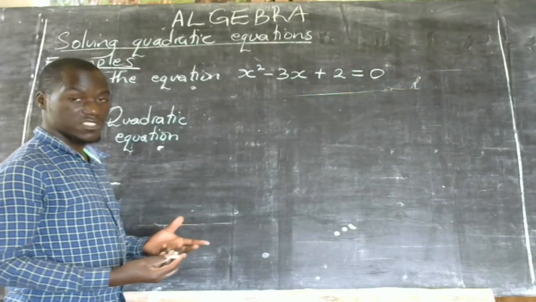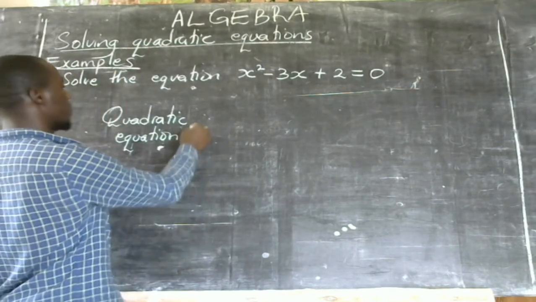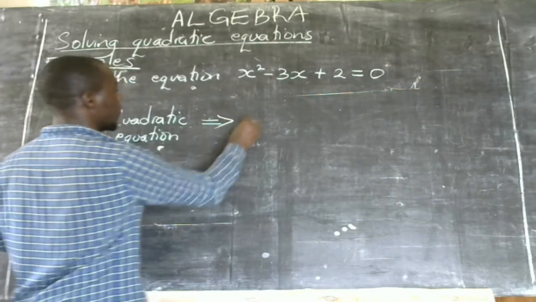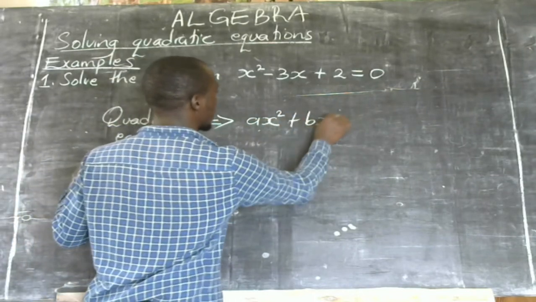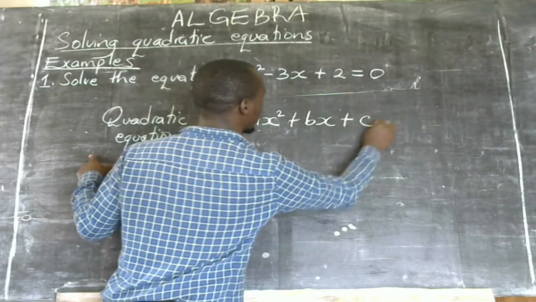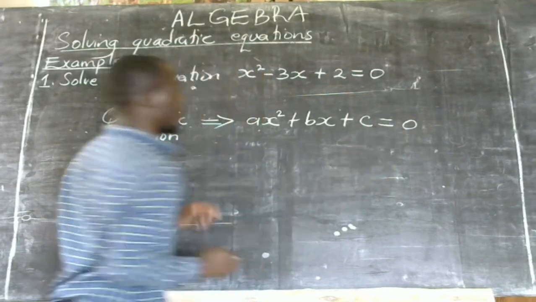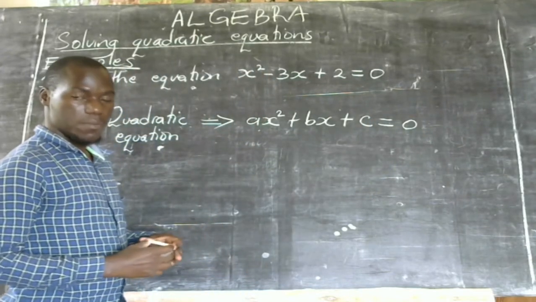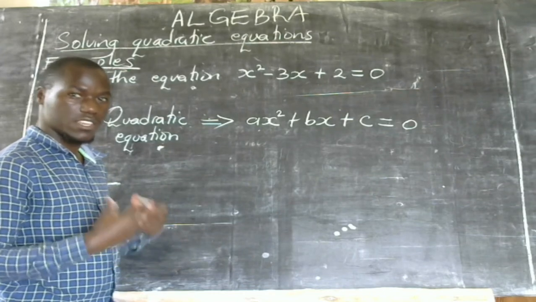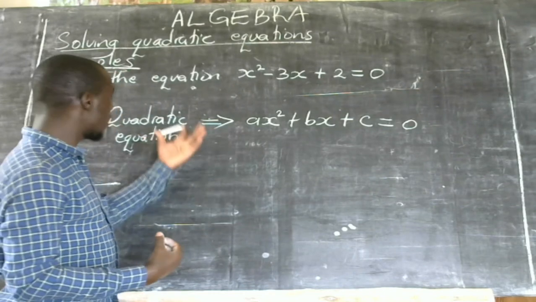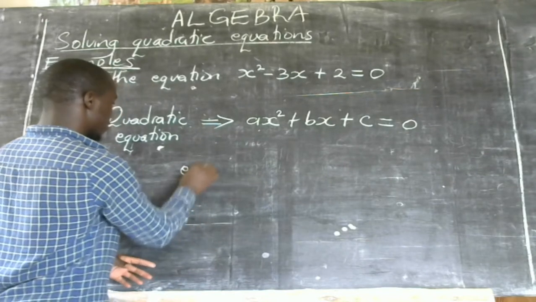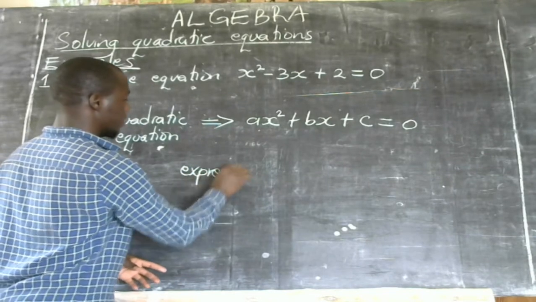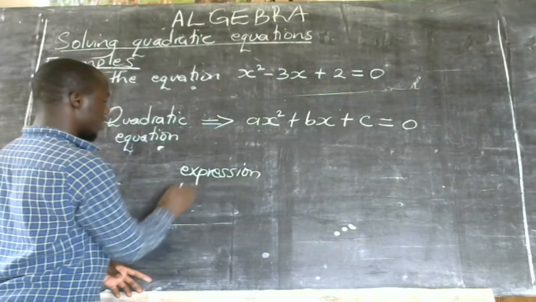So a quadratic equation is always in the format of ax squared plus bx plus c is equal to 0. Remember, when we talked about quadratic expressions, today we are talking about a quadratic equation. An expression is different from an equation.